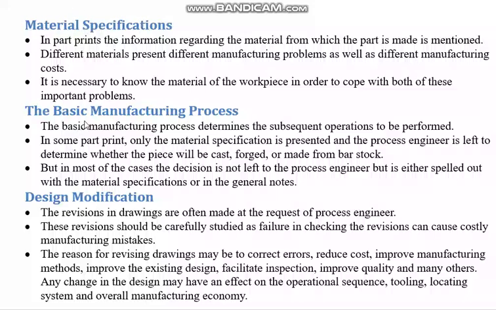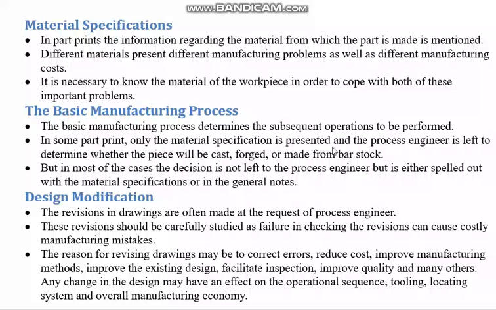Okay, so the next thing that you should know as a process engineer is the basic manufacturing process. The basic manufacturing process determines the subsequent operations to be performed on the part.